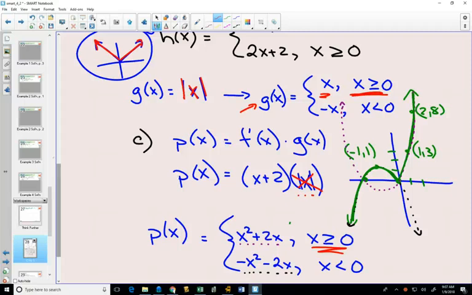And if you multiply x times x plus 2, you'll get x squared plus 2x. In the second one, when x is less than 0, this becomes negative x. If I distribute that negative x, when x is less than 0, I'll get negative x squared minus 2x.